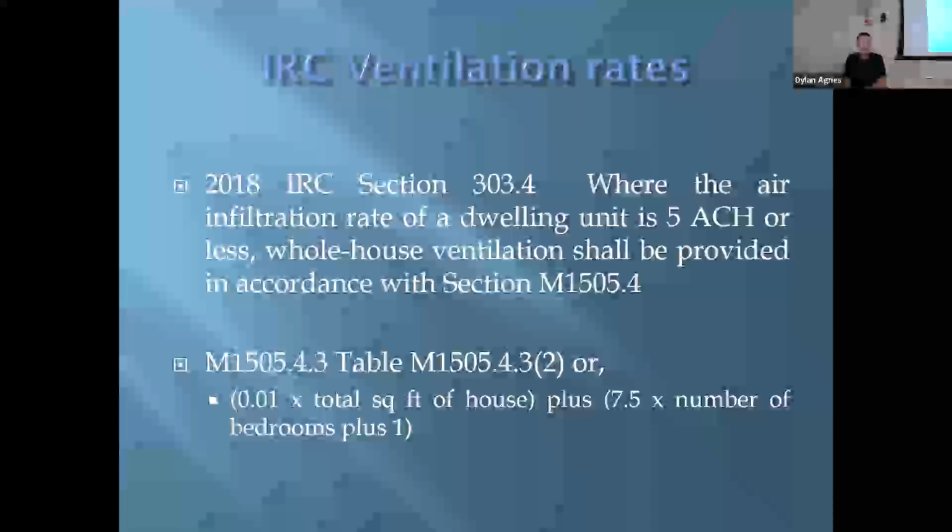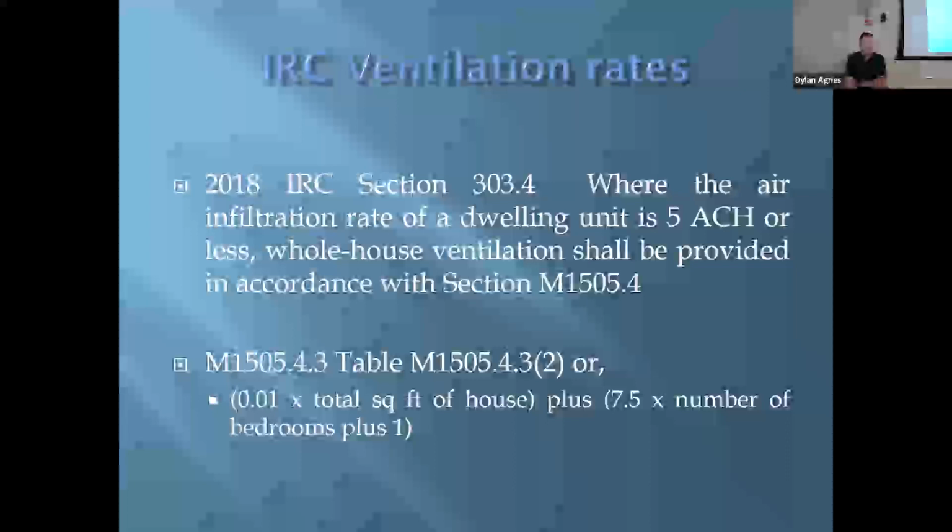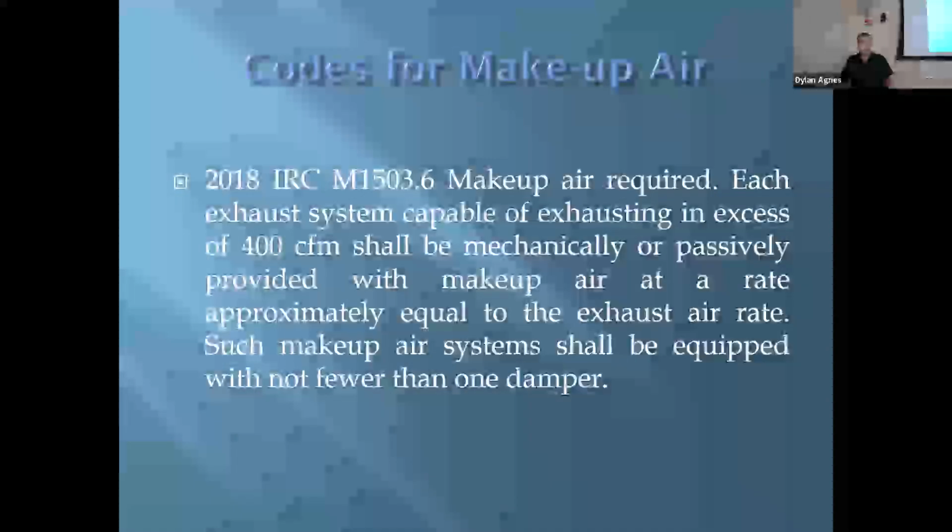Most calculations based on bedrooms do a number of bedrooms plus one, because the primary bedroom is considered two people. Most bedrooms are going to be single occupant, except for the primary, which typically has two.